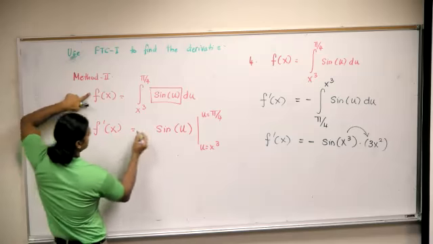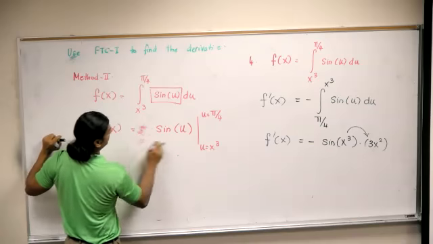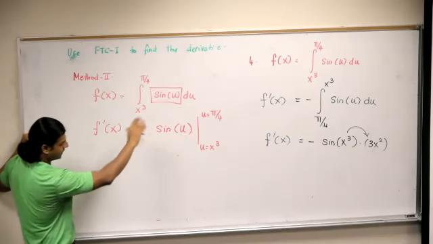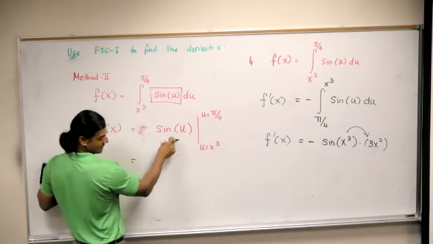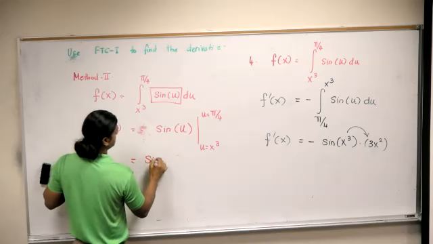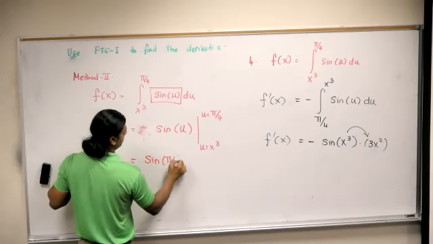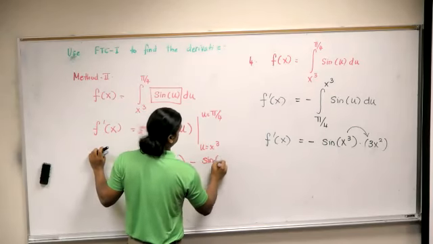So when I take the derivative, there should be a d over dx. I'll do that later. So I'm going to plug in the upper limit, which would be sine pi over 4 minus sine x cubed.